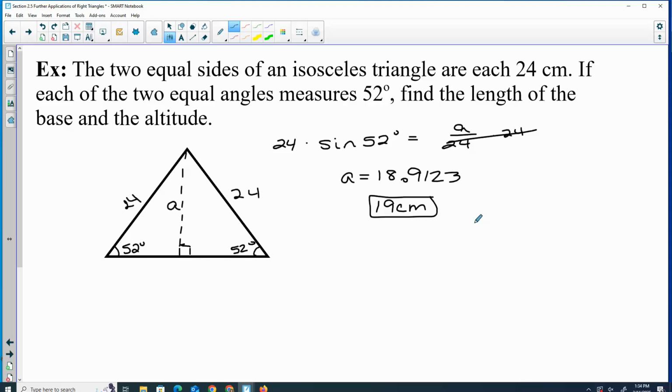If I want my base, what would we have to do? So if I found this side over here, I call that x. I could say cosine of 52 degrees equals adjacent over hypotenuse.